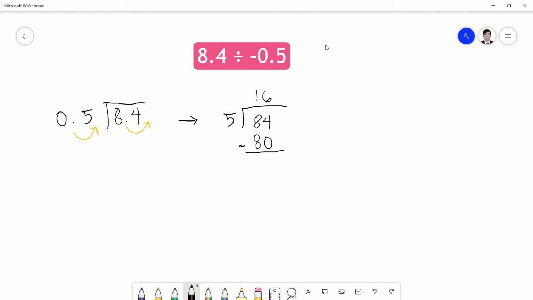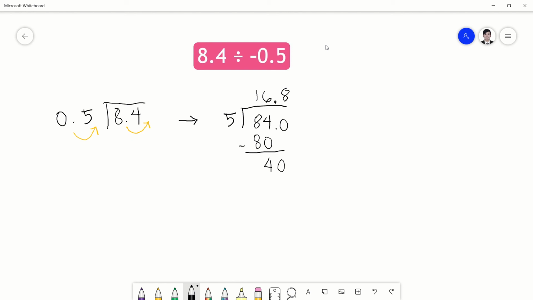Then subtract: 84 minus 80 is 4. Since you still have a remainder, add a point 0 and bring down 0. Don't forget to align the point on top, and repeat the process. 40 divided by 5 is 8.